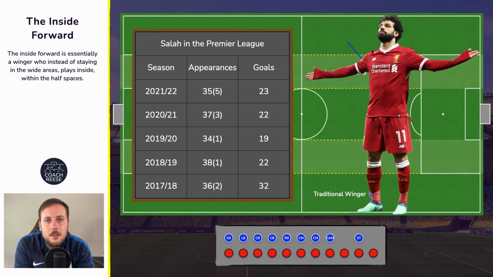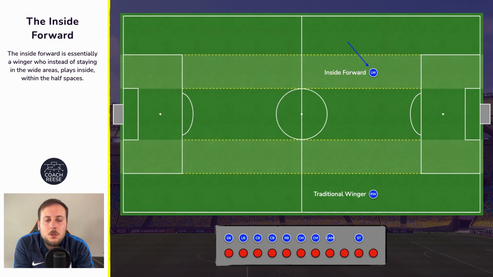So you want them infield in positions where they can shoot. And it's all about trying to maximise the profile of that winger. If the winger's profile better suits one to cross balls in, then you wouldn't use them as an inside forward. Whereas if the profile suits that of a goal scorer, you'd want them infield.